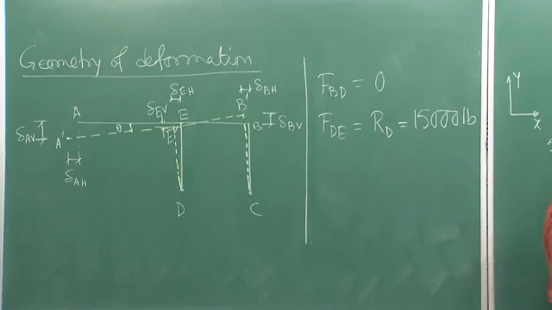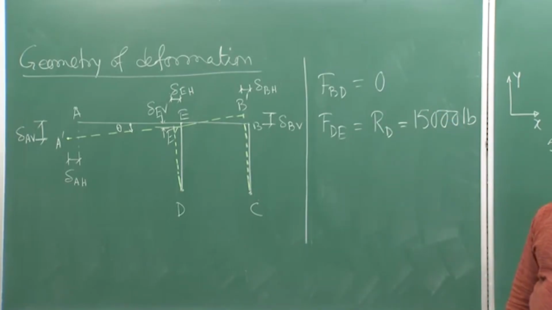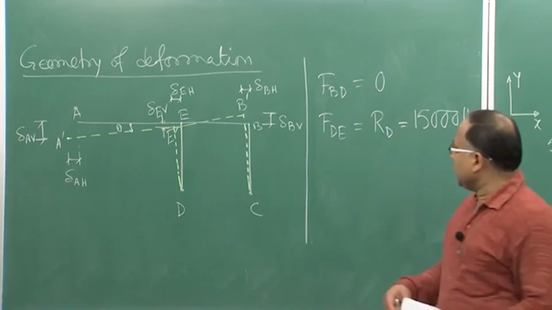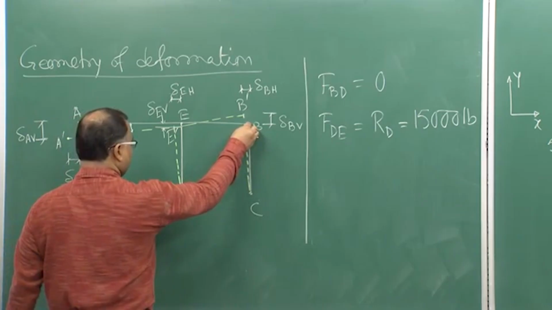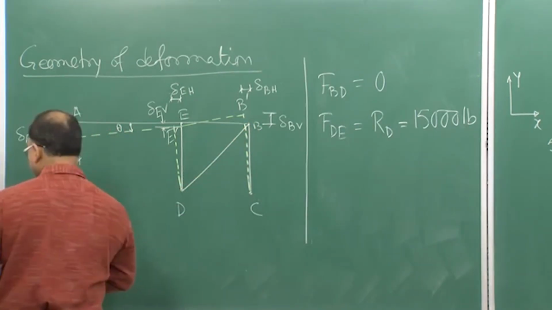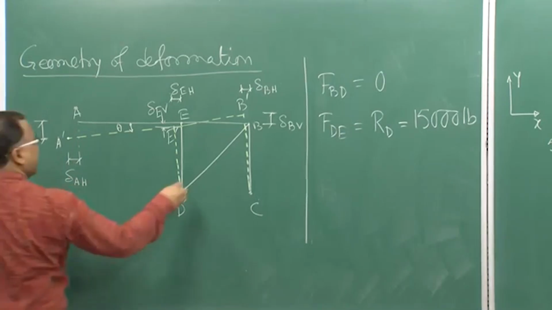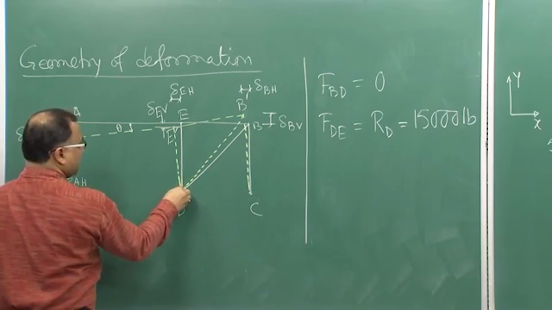In the first part of the problem, it was asked what the force in member BD is. You have got that: simply 0. I forgot to draw here, but of course this is connected by this, and this will be connected by this.